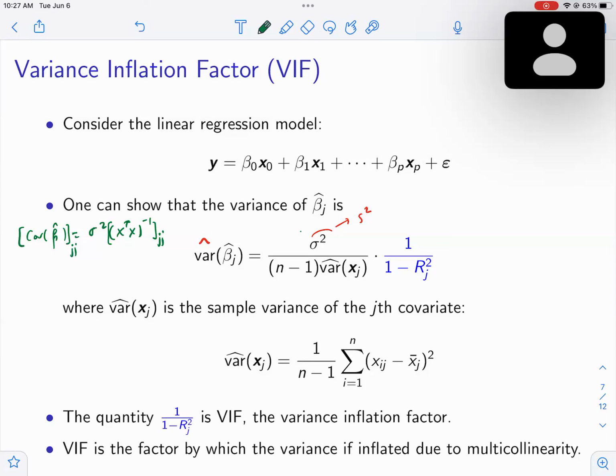So this is R squared of the regression of xj onto the rest of the covariates.